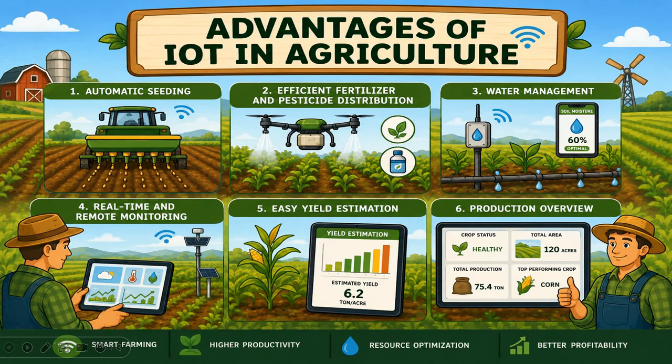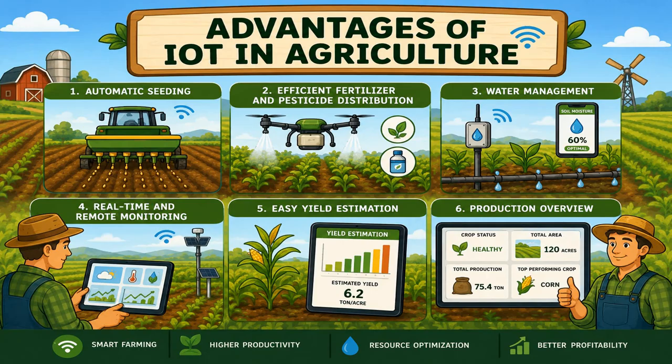Now in today's video we are going to explore an exciting topic in a simple and easy way, that is the advantages of IoT in agriculture. As you all know, modern technological advancements and the rapid developments in IoT components have gradually increased agricultural productivity.